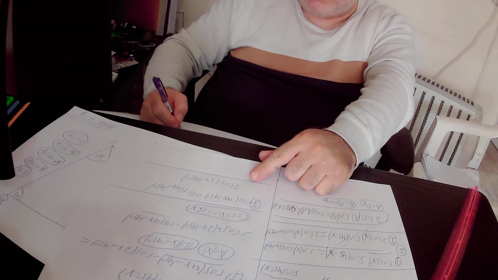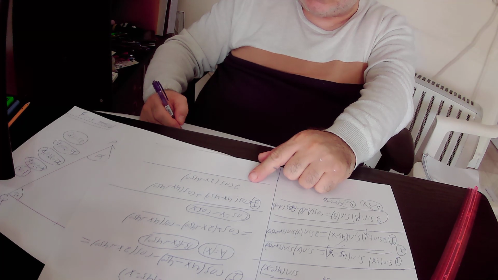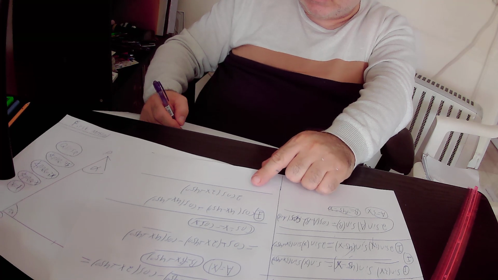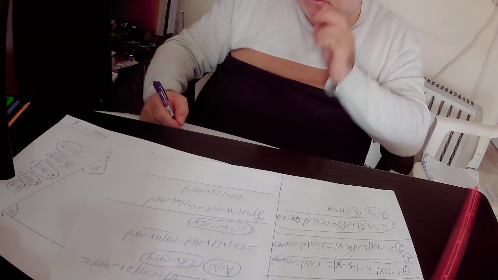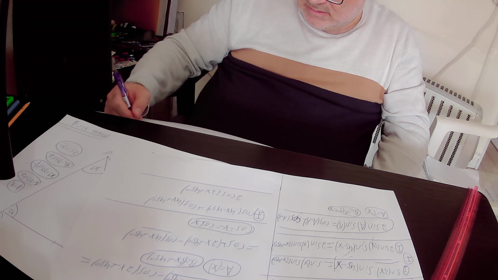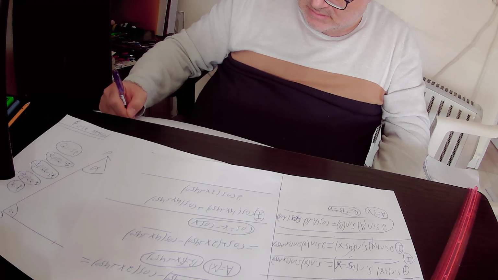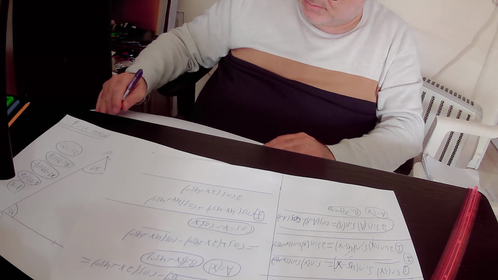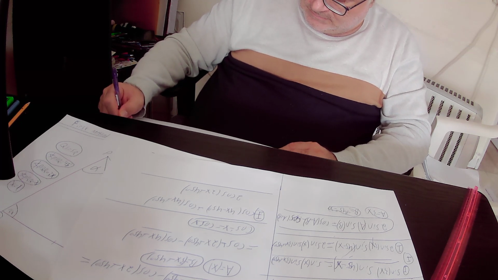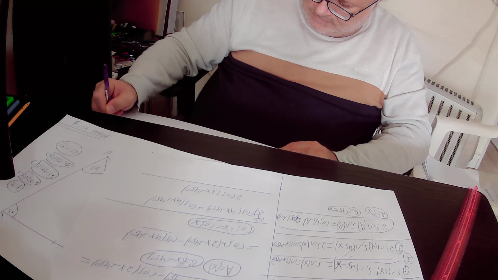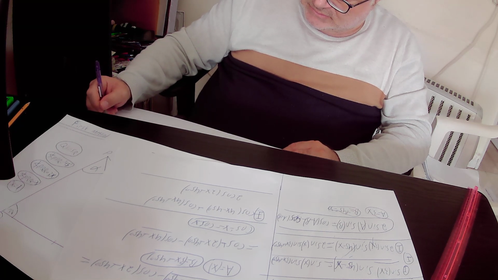Now we will move to the other expression, that is 2 cosine 2x plus 45 degrees. This expression is very similar to cosine a plus b, and cosine a plus b is equal to cosine a cosine b minus sine a times sine b.